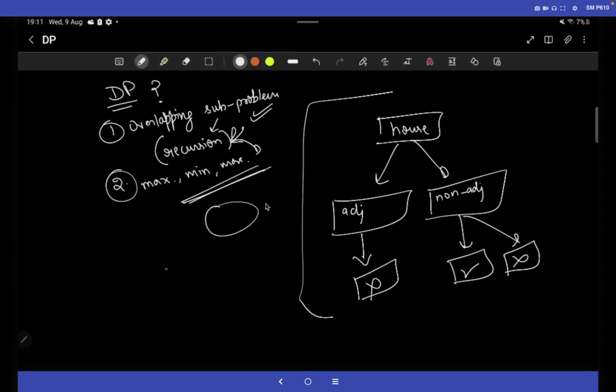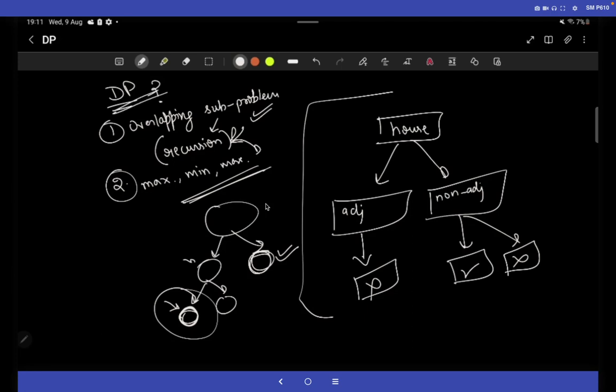For example, we have some question and we give two solutions to it, and we can give two solutions for this one as well. Let's say this solution is the same as this solution. In this case, we have already solved this, so why would we solve this problem again? Here we can optimize the complexity, we can optimize the solution. In this way, we are going to use DP.